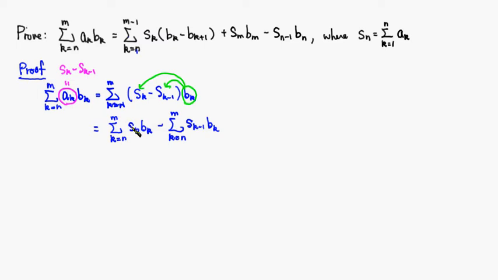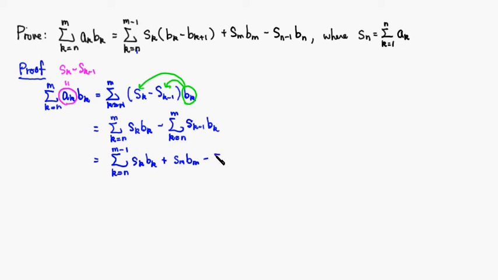And the next step, it looks like we have k going from n to m minus 1, so I'm going to take the last term out. So this is going to be the summation, k goes from n to m minus 1, then s_k b_k. Then of course the last term would be s_m b_m. And here I'm going to shift the index a little bit.